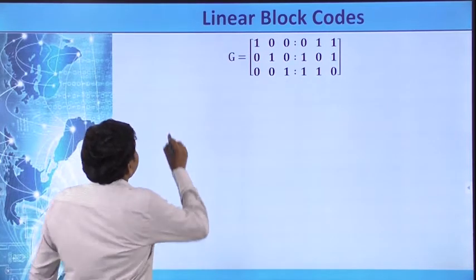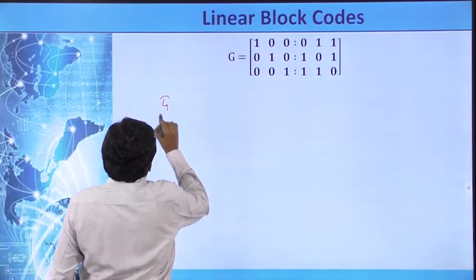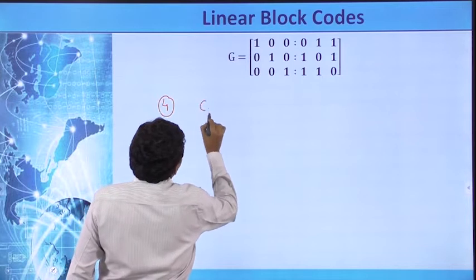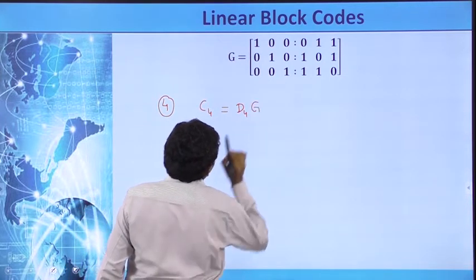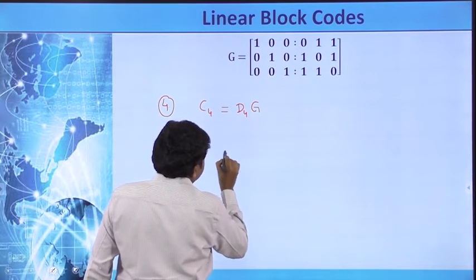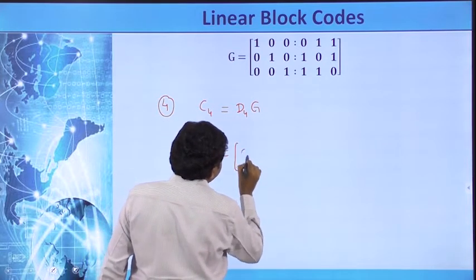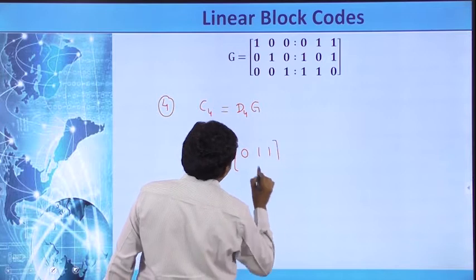The fourth code word is calculated as C4 equal to D4 into G. What is D4? D4 is 0 1 1.